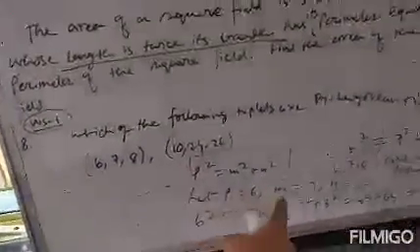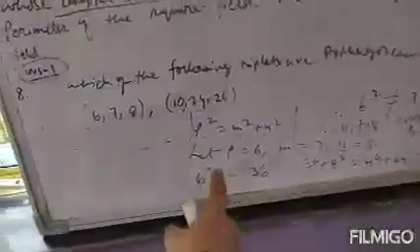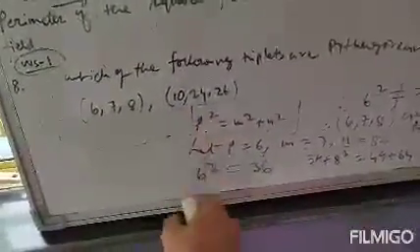Now next, 10, 24 and 26, this will be your homework. You will do it like this. Clear? First write the formula p square equals m square plus n square. Then let p equal 10, m equal 24 and n equal 26. Now on the left hand side p square, 10 square means 10 into 10, 100.